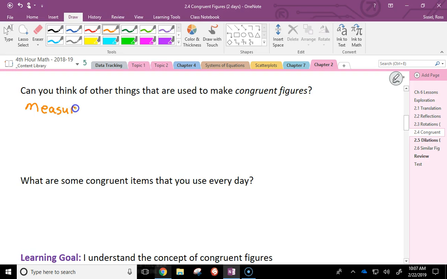Kinda, but that's going to be more of a 1D shape, or a 2D plane. What else could I do that would make a copy of it that'd be exactly the same? Well, a copy machine. Copy machine? Wait, what? That's a joke. If I take your test and I put it in the copy machine, it's going to give me the exact copy. Anything else?